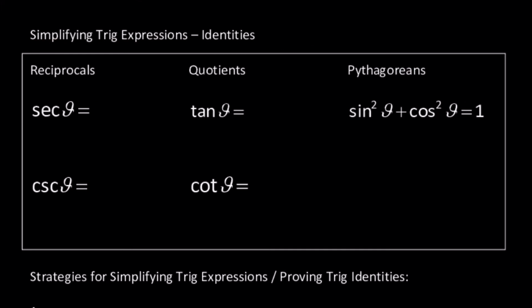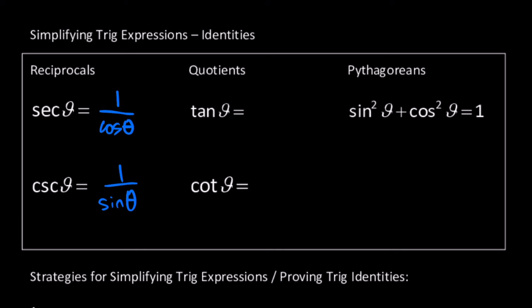Now let's talk about some trig expressions and identities. First thing, we'll do a quick review of our reciprocal functions. Secant theta, as I'm sure you already know, is 1 over cosine theta, so you can replace it with the fraction 1 over cosine. Cosecant is 1 over sine theta.